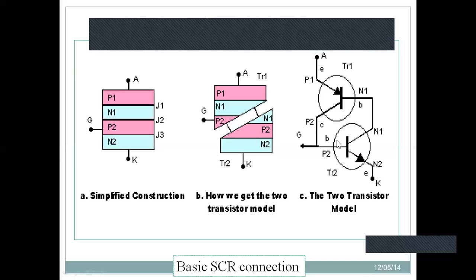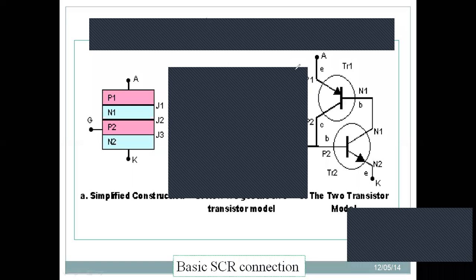So how to construct this SCR using 2 transistors is, the base of the first transistor should be connected to the collector of the second transistor, and the collector of the first transistor is connected to the base of the second transistor. Okay, so in this way we go for constructing the 2 transistor model.